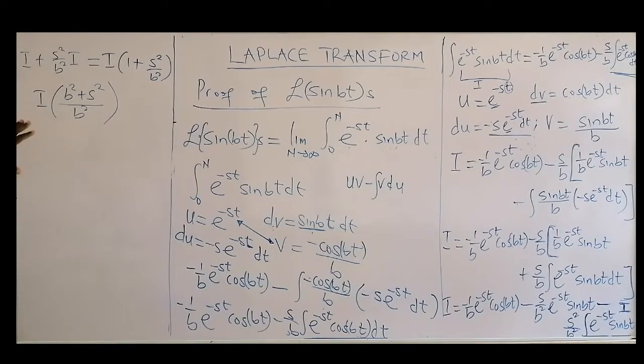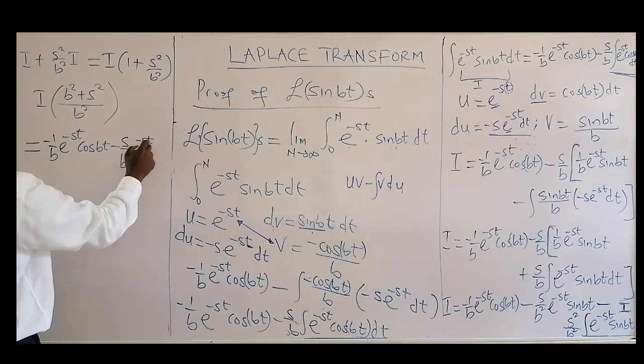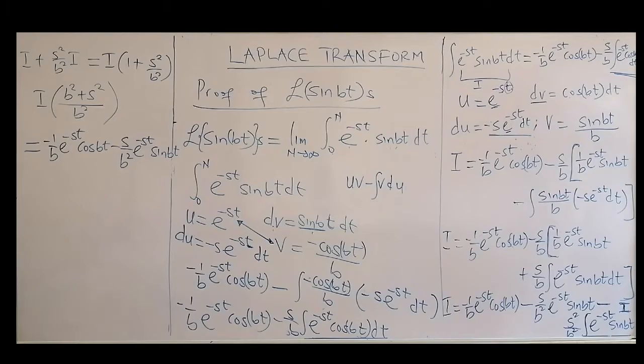So that's what we're going to have on the left-hand side, and that is equal to minus 1 over b e to the minus st cos bt minus x over b squared e to the minus st sine bt.